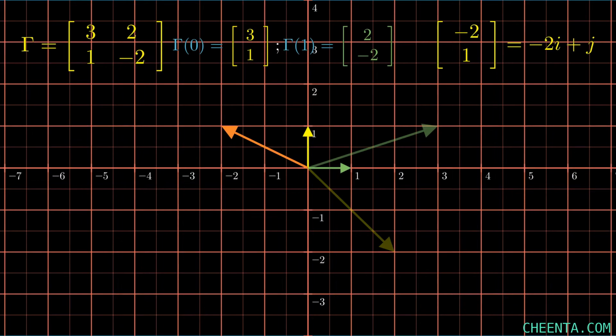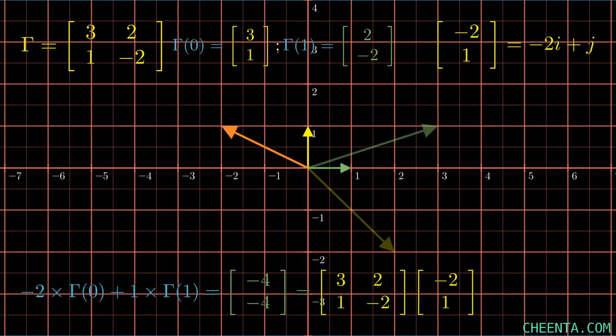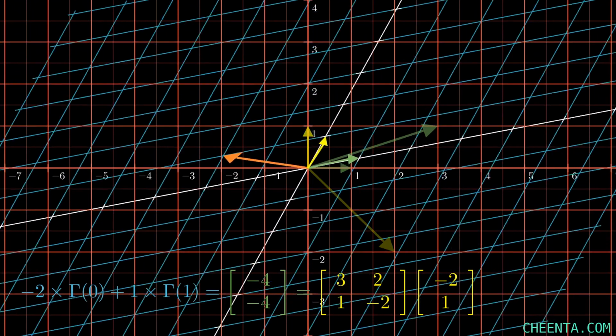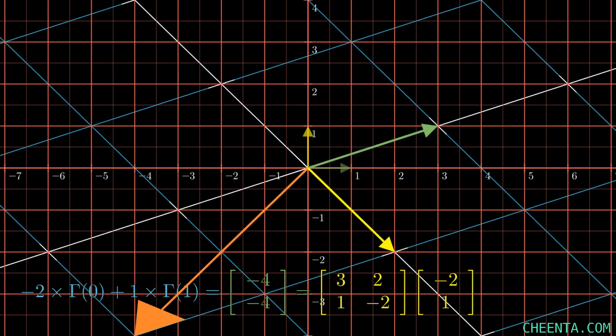If we do that, we will find that the orange vector will land on -4 -4, and you see that here we get the matrix again, and this is the proof of how we get the matrix multiplication formula. Now if we transform the plane, you see that the orange vector indeed lands on -4 -4. Using this you can find any vector and its transformation.